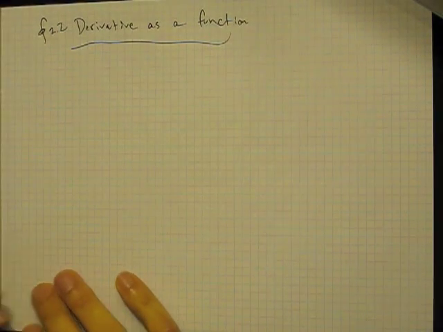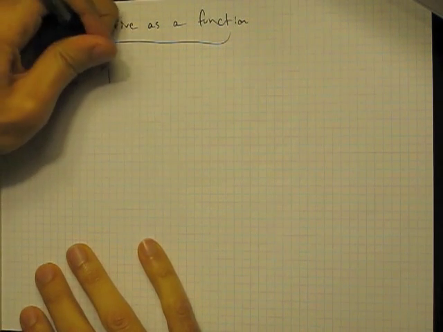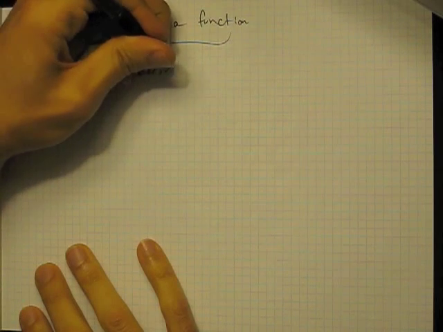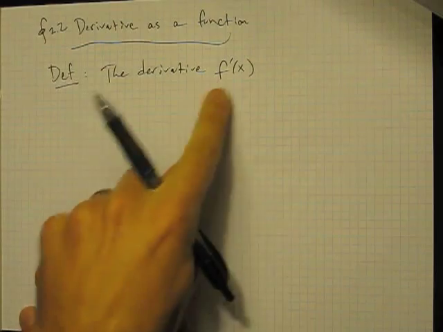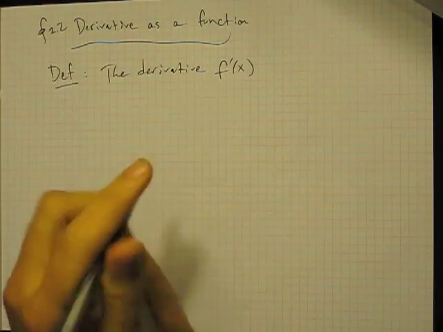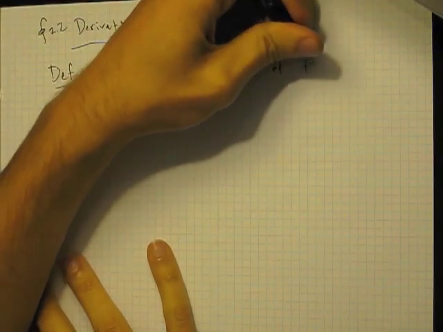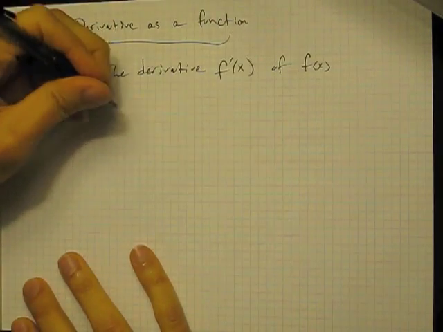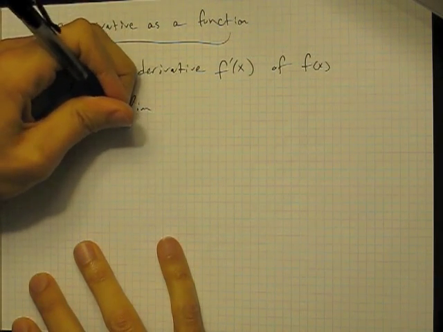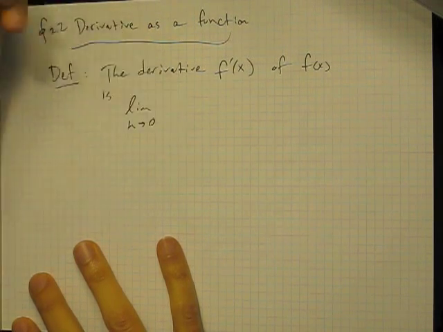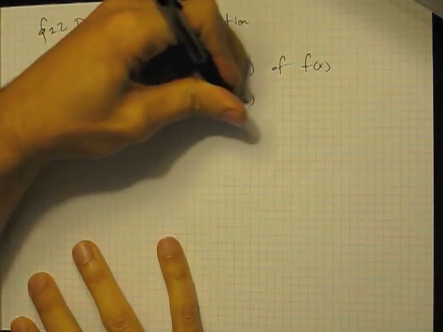Okay, so here's our definition. The derivative, which we denote by this, and we say the derivative of f, or we say f prime. The derivative f prime of f, the function f of x, is the limit as h goes to 0 of f of x plus h minus f of x over h.